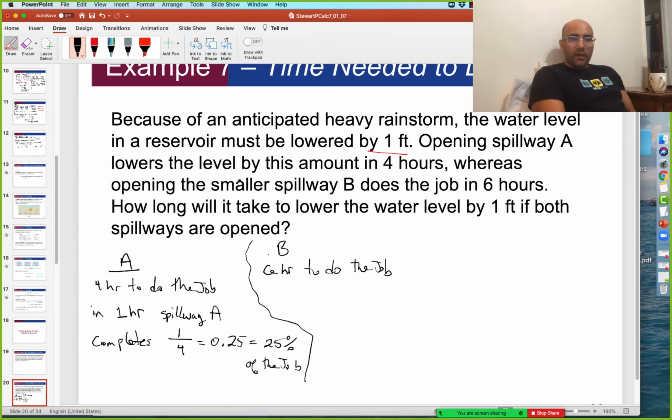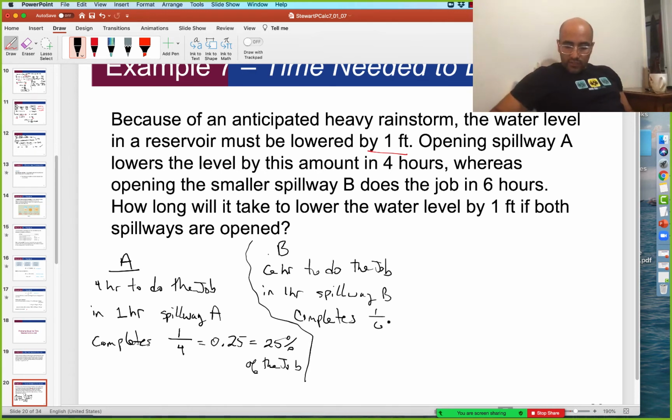Okay. Anyway, so if spillway B completes the job in 6 hours, then in 1 hour, coming back to the same unit of time, spillway B completes 1/6 of the job.